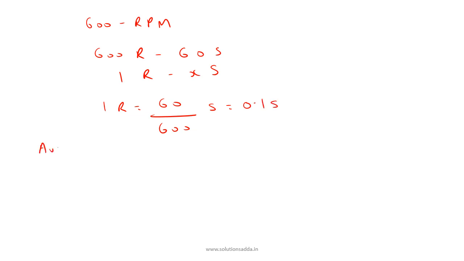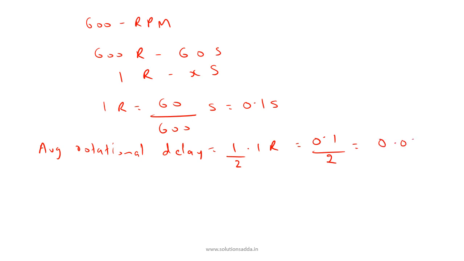So average rotational delay is equal to half of one rotation, which is 0.1 divided by 2, that is equal to 0.05 seconds. This is equal to 50 milliseconds. This is the second parameter.